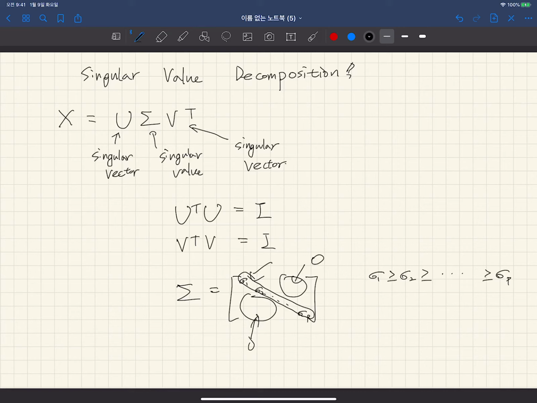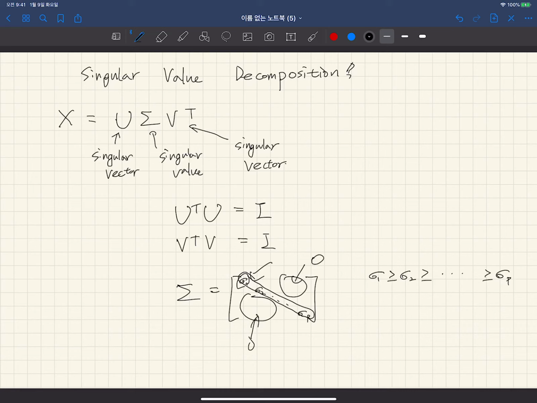Okay. So why did I explain this singular value decomposition? Basically, the singular vectors are principal components. The singular vectors corresponding to the first singular values, which means the first column of your singular vector matrix U, is the first principal component from the left hand side. The first column of the V matrix is the first singular vector from the right hand side.